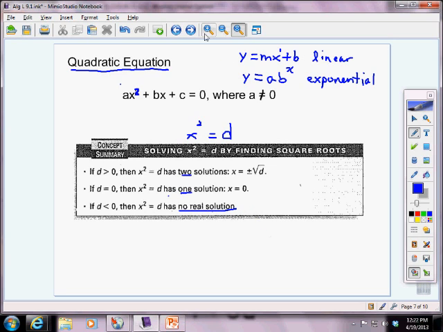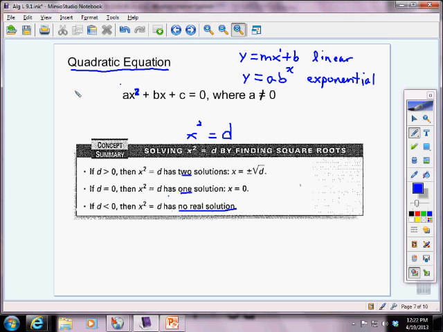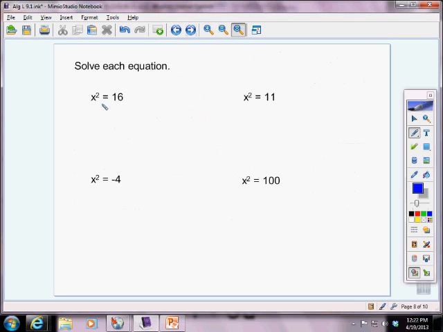Let me show you what I mean by that. Okay, if you look at these equations here, these are all considered quadratic equations. They look a little bit smaller than this here, but we can imagine that our coefficients b and c here are 0, so they just are gone. When we say x squared equals 16, we're asking what number times itself, or what number squared equals 16.